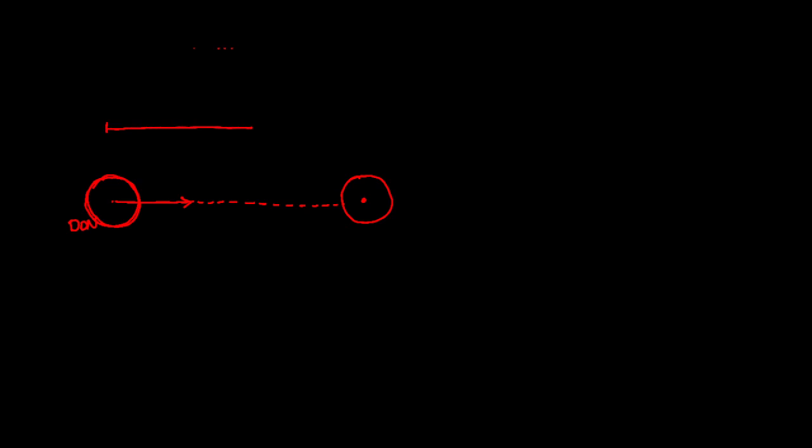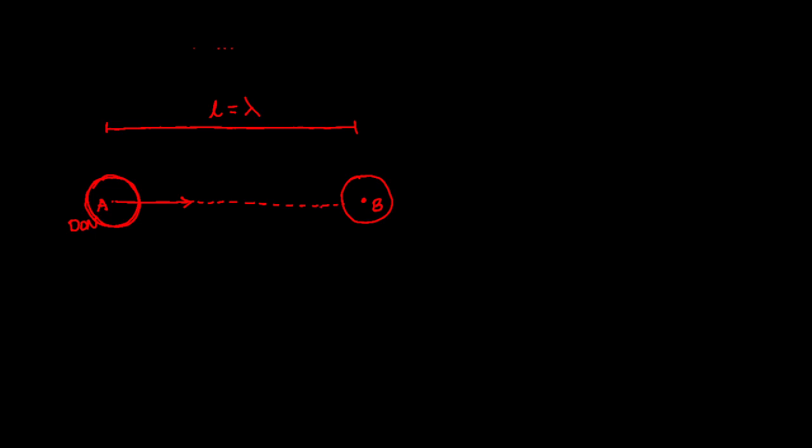So suppose Don traveled some distance L, or lambda actually, and here made the next collision. Did you understand what I said? Basically, Don moved from point A to point B and made the next collision.